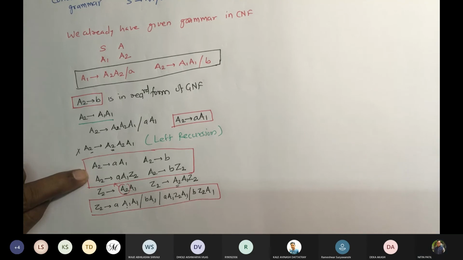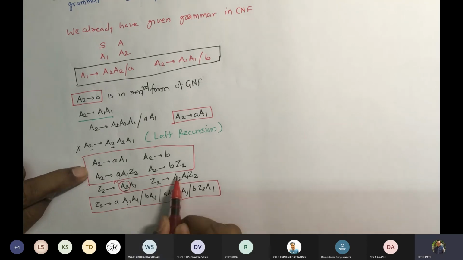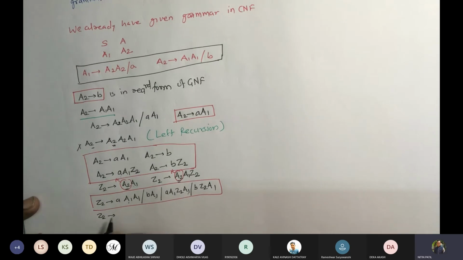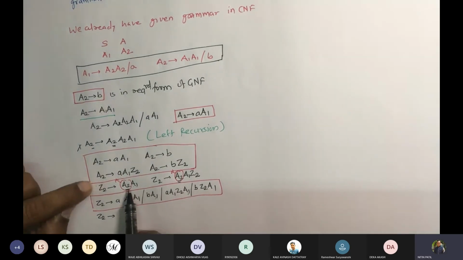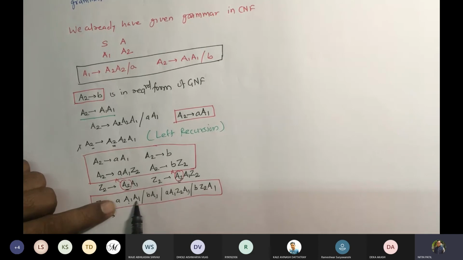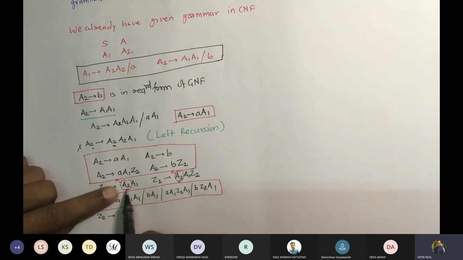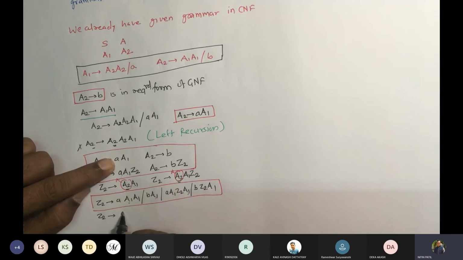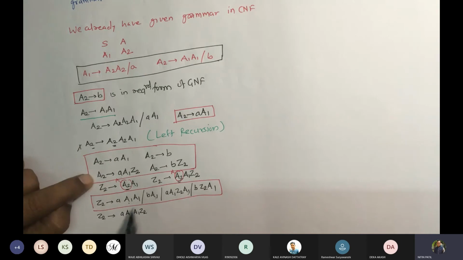Now similarly, we'll replace this A2 by these four values. What we get? Now if you see carefully, what we did was, whatever we wrote here, I write Z2, because see, A2 A1 Z2. So if I replace A2 value here with, say for example, A1, then this is A1 A1, and then I am adding Z2.